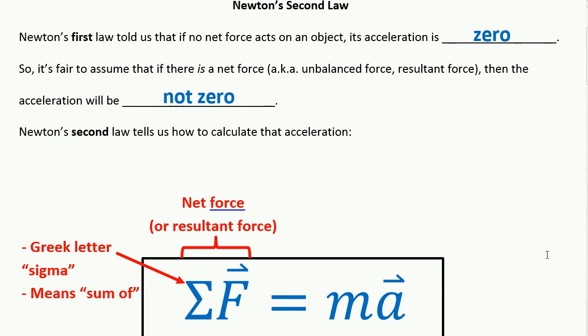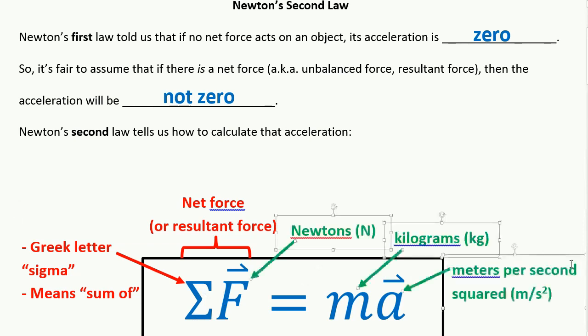The other thing I'm going to point out about this equation before we move on is units. It's always important to think about. So forces, as always, in the metric system are measured in units of newtons, the symbol for which is just a capital N. The mass of the object, we're going to measure in kilograms, our metric base unit for mass.